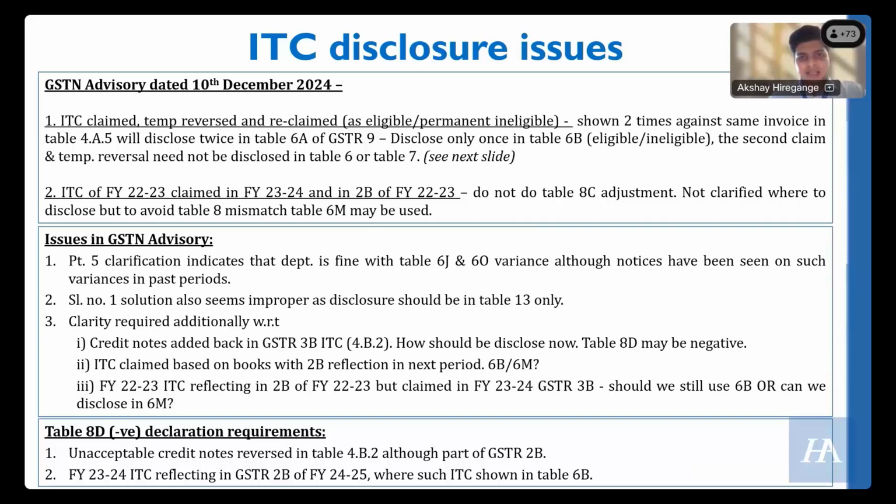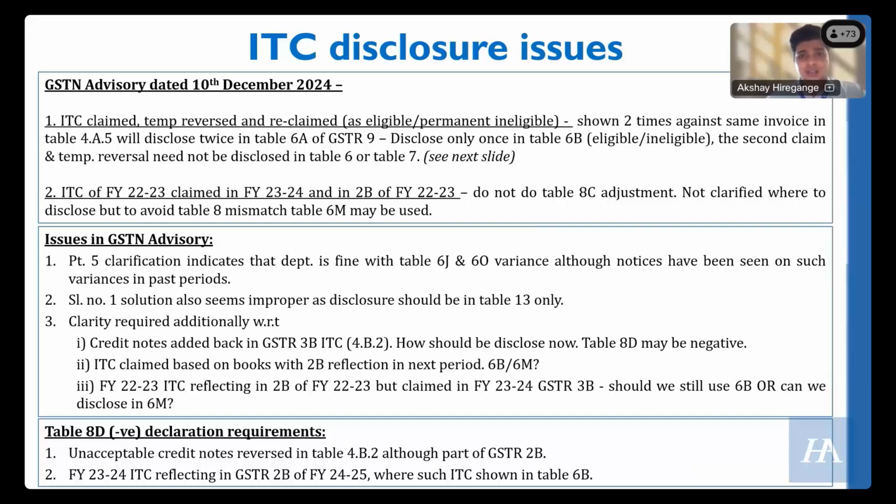Because there is no mechanism presently which can allow the ITC reversal first and then only allow the outward liability to be reduced. This circular 212 was introduced as a via media. It's a temporary mechanism to get the certificates from the customer.